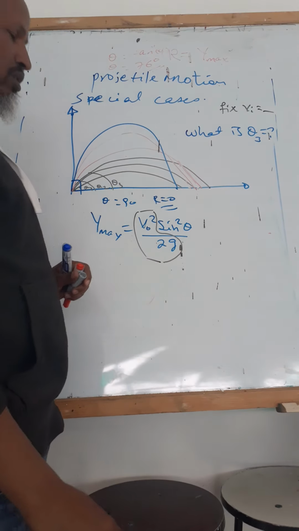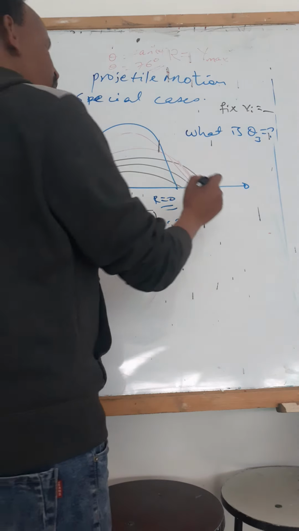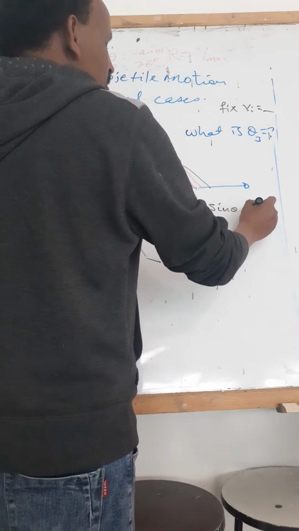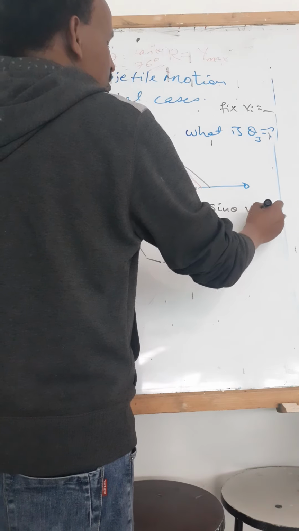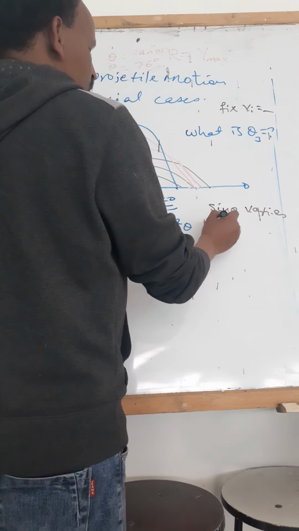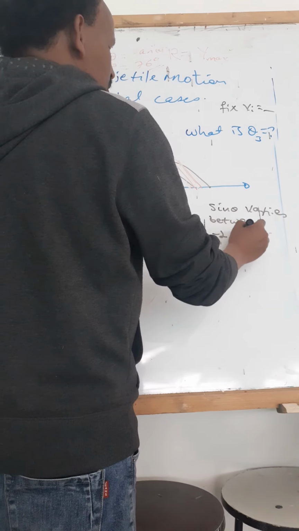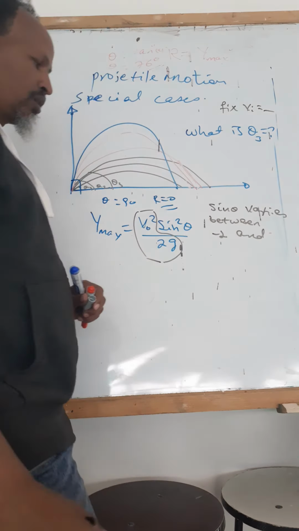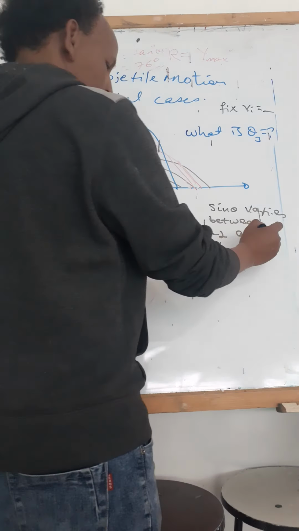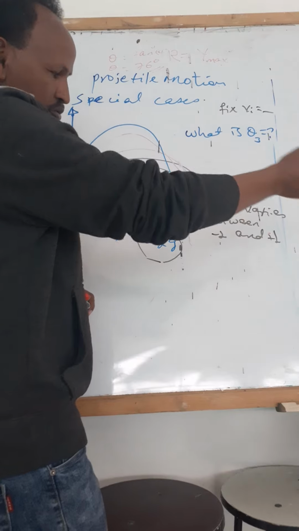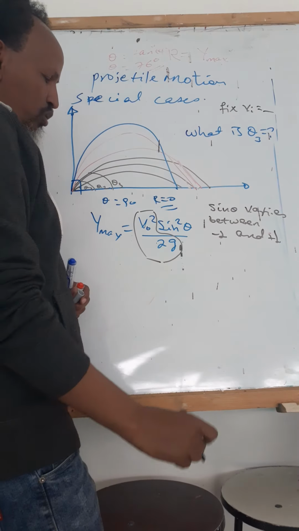So what varies is theta. And we know that sine theta varies between -1 and +1, all values in between.